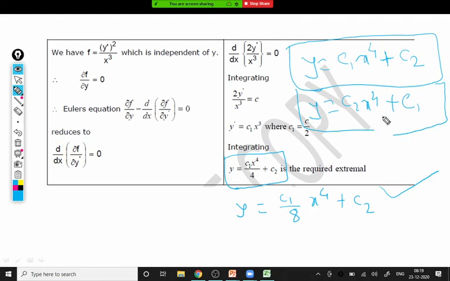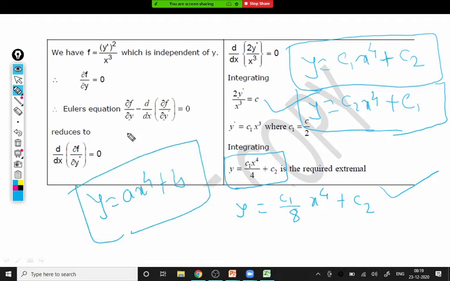If you swap c1 and c2, it doesn't matter because these are general arbitrary constants. Someone writes the answer like y equal to a x raised to 4 plus b, this is also correct. These are all equivalent answers, but the variables cannot be different. The constant notations can change, but the variables remain the same. Any doubt there?